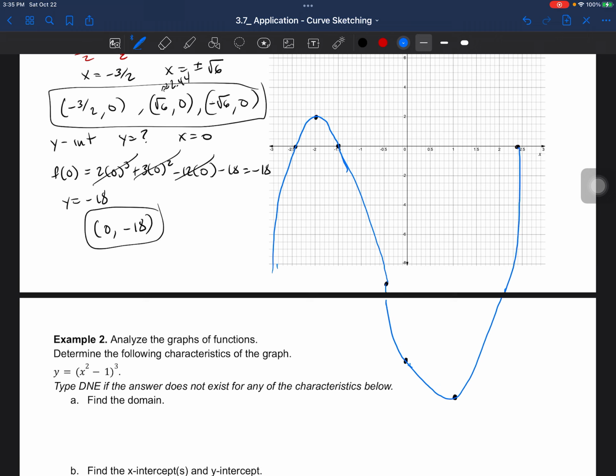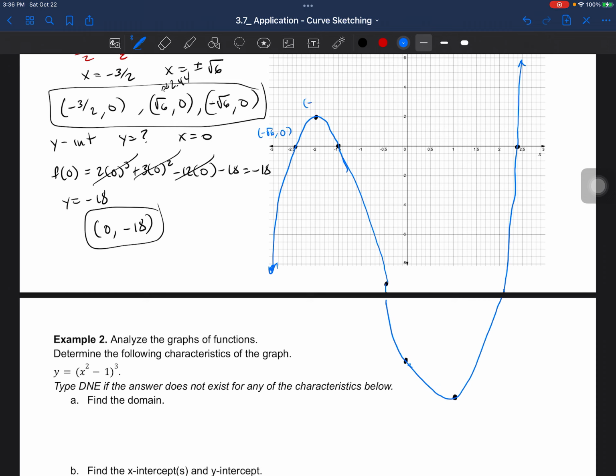And then it hits this point right here, and then it goes up. All right, let me try that one. All right, and it keeps going that way, right?